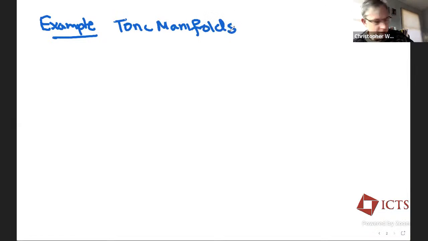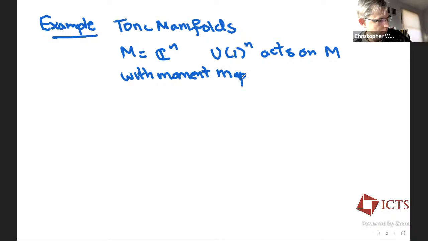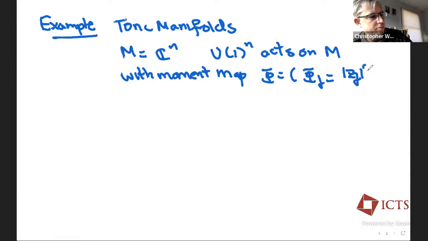So one way of getting these is to take C^n, considered as a symplectic manifold, and look at the action of U(1)^n. So this acts on M with moment map whose jth component is the norm of z_j squared over 2.